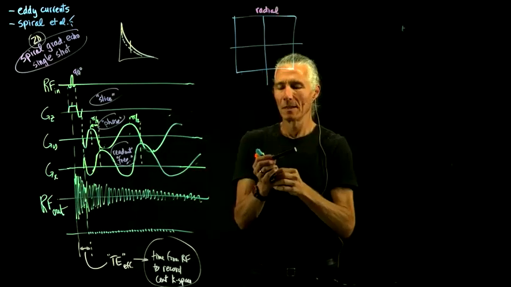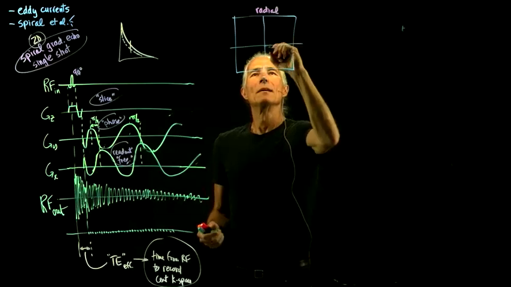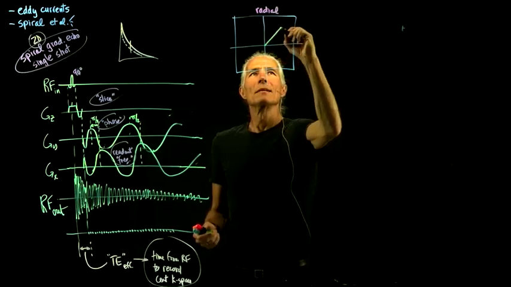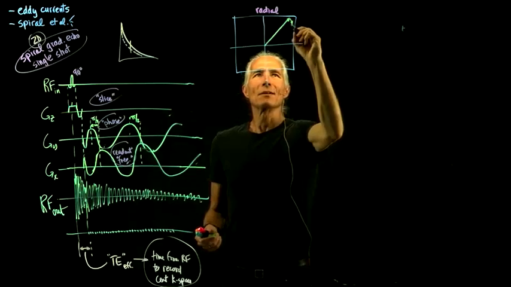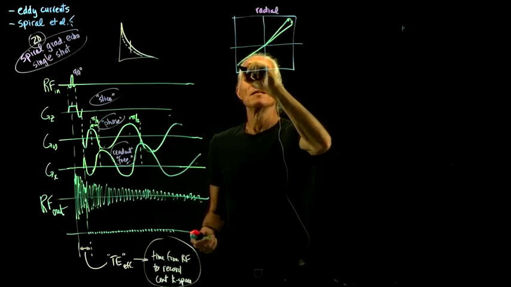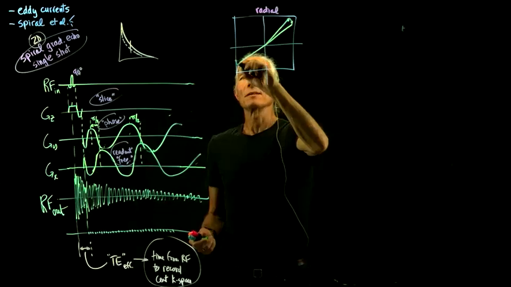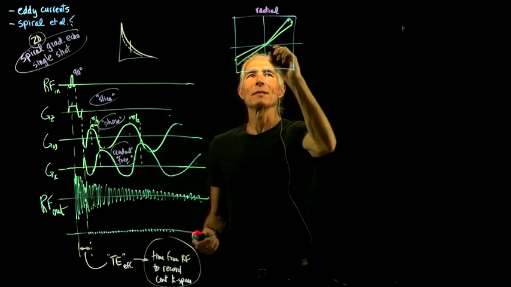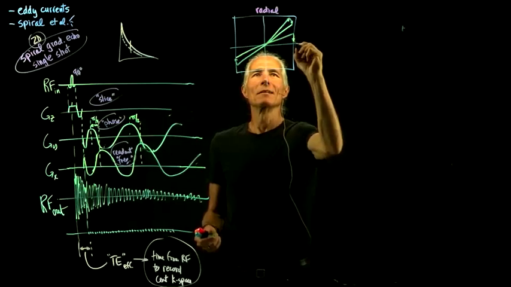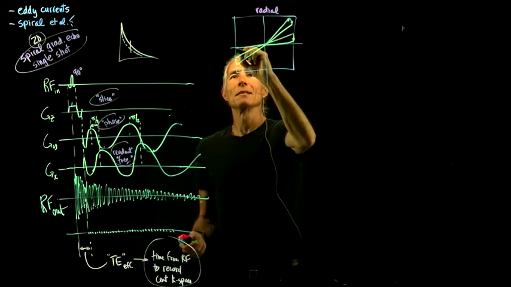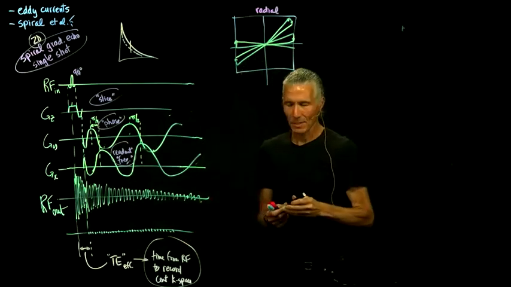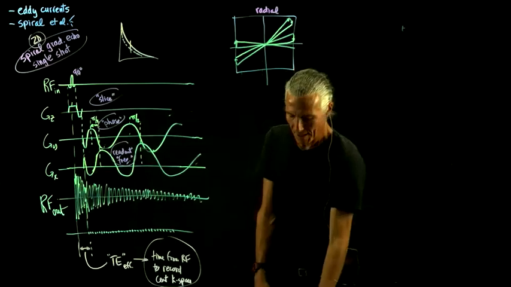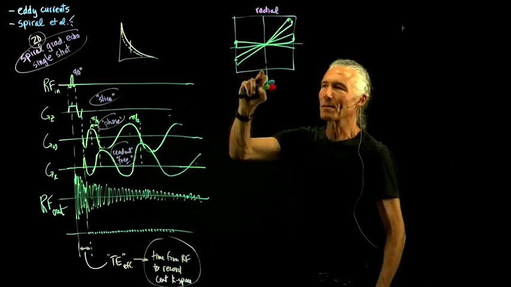So you could turn on both gradients, and then when you get to the edge of k-space, you could make a turn and then come back through k-space this way, and then make a turn, then come back through k-space that way, and then make a turn. So you could do something like that and cover k-space. That's one way of doing it, going through the center multiple times.